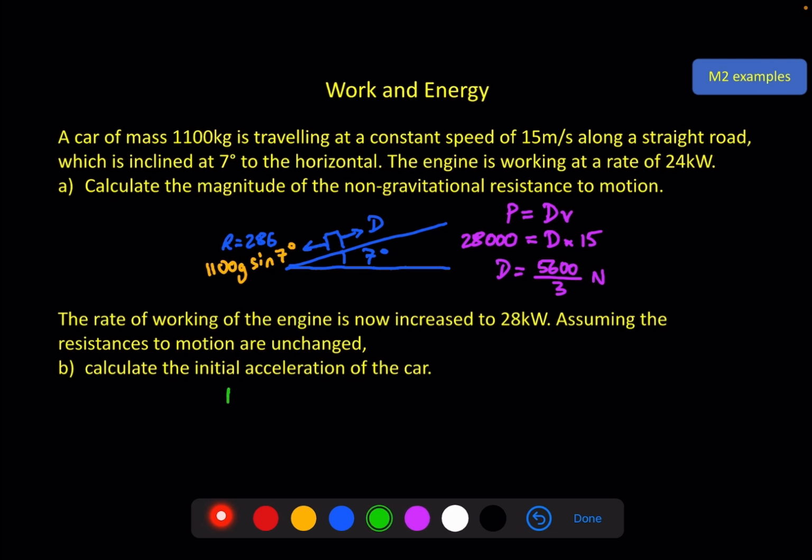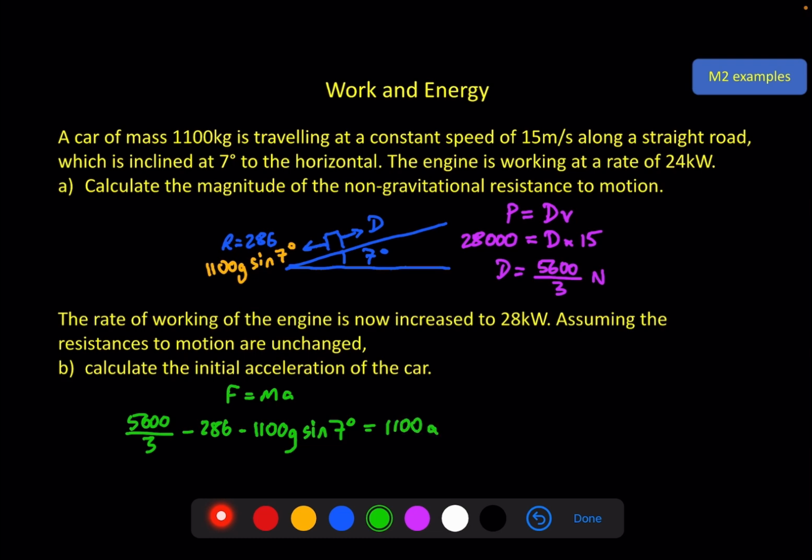So when we go back to F equals ma, we now have 5600 over 3 minus 286.2... I'll keep that accuracy on my calculator. Minus 1100 g sine 7 degrees, and all of that has to equal 1100 times a.